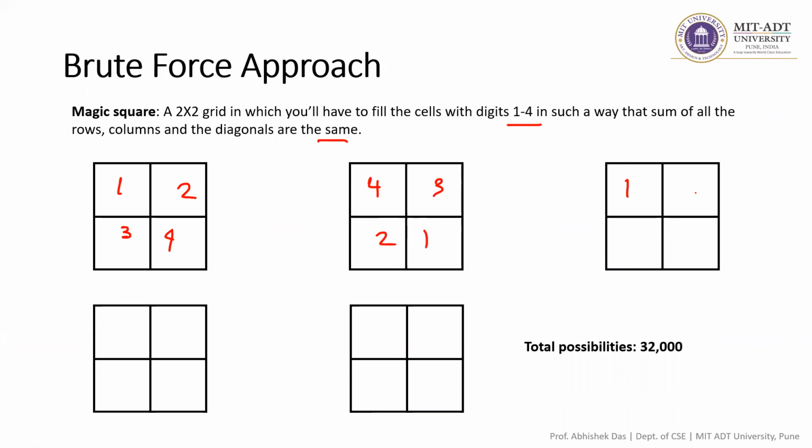Then 1, then 2, then 3, then 4. You can take any possible combinations, but this problem is actually not solvable. So even with the help of the brute force approach, this problem is not solvable, right?